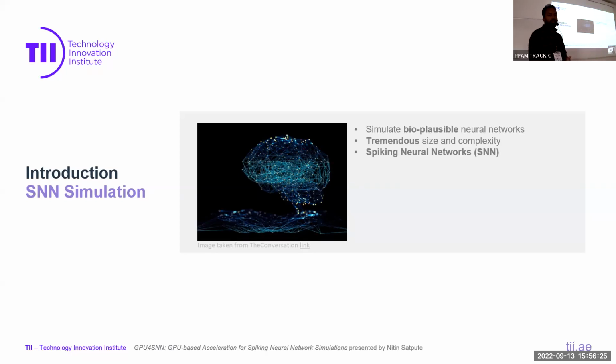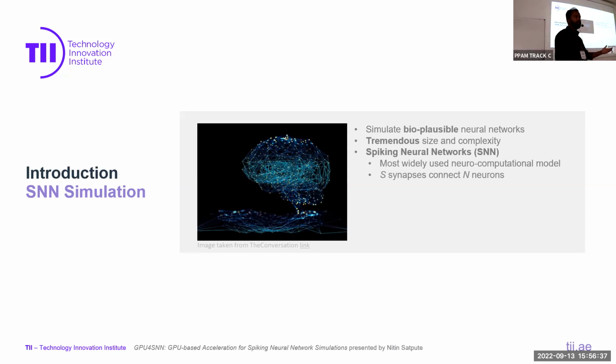But the size of SNNs is quite high. That's a big problem, and also the complexity it comes with. The models inside the SNN involve the number of synapses and neurons, the same as we have in ANNs, but here we have some internal model which decides how exactly the SNN should work.